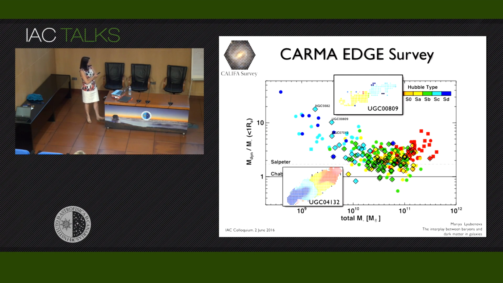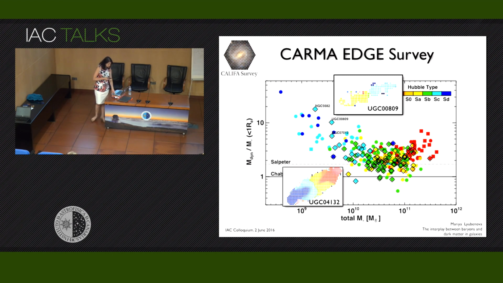This outlying galaxy that I was showing before, unfortunately, doesn't have very good CO detection, but many others do. So here, this is one of the galaxies which is curiously below the 1-to-1 line, so we can investigate special cases.